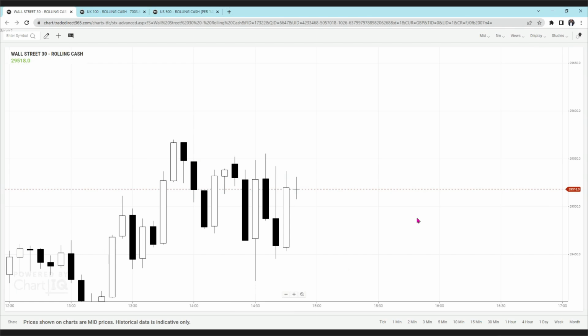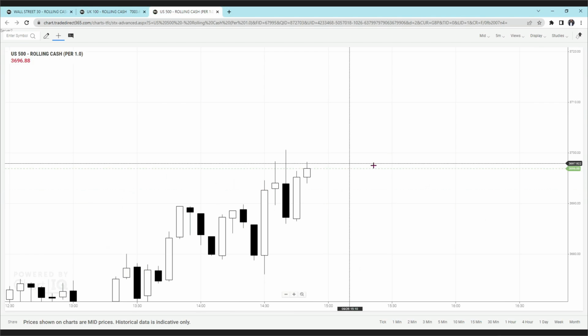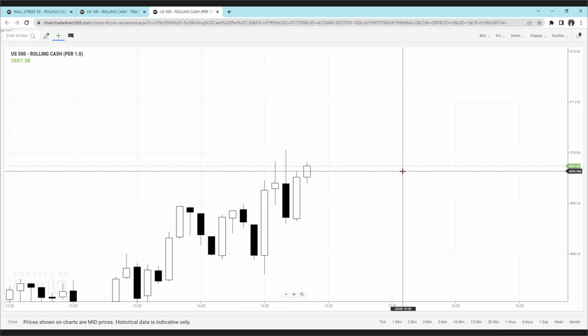Nasdaq is making new highs on the day. S&P well on its way. Dow is not.